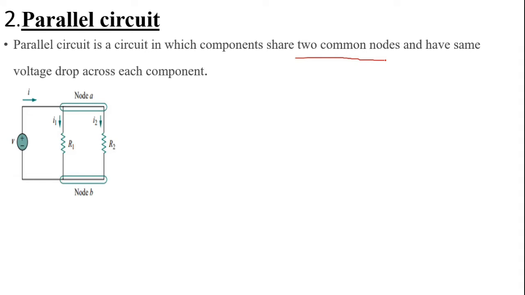In this example, resistors R1 and R2 share two common nodes, node A and node B. The other thing here is the same voltage drop across each component, so we have the same voltage drop across the first resistance R1 and the second resistance R2.